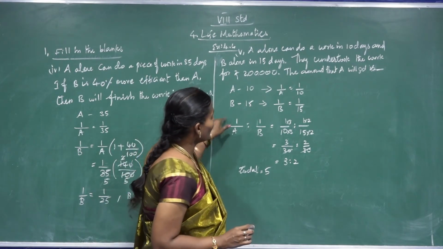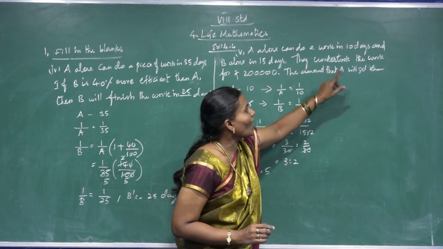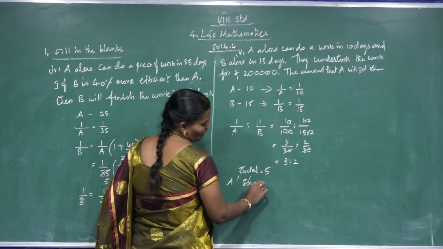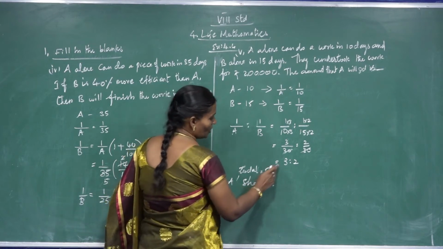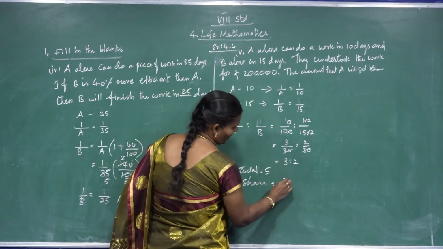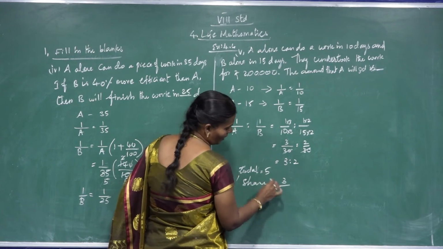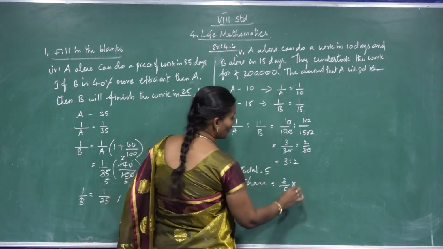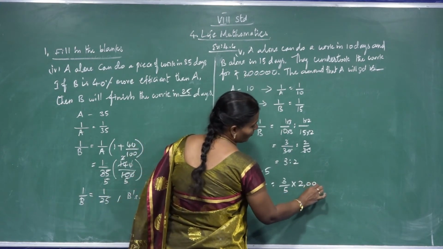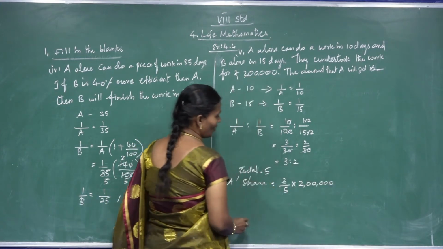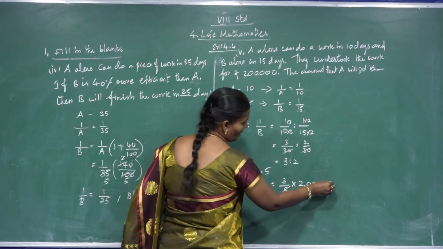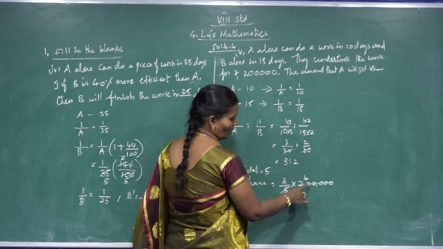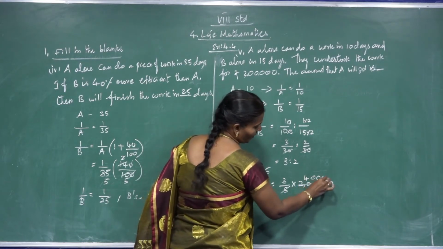Now we find out only the amount that A will get. A's share is equal to 3 by 5, out of total ratio 5, multiplied by total amount 2 lakhs. Cancel with the fifth table: 4 fives are 20, remaining 4 zeros we write here.